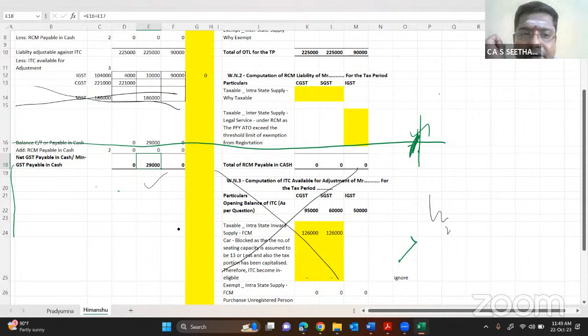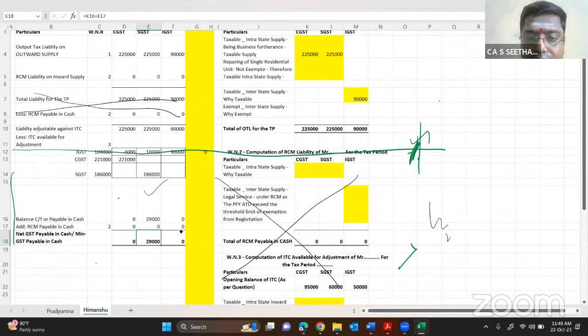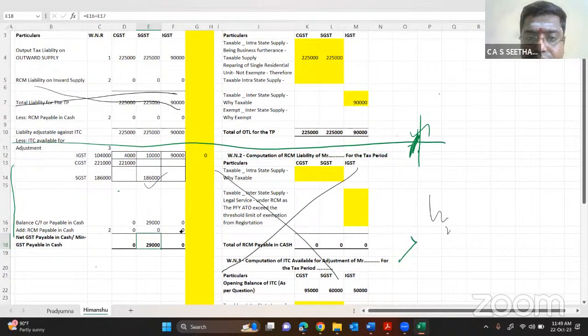See, I made a mistake by not including the opening balance, and then I have corrected it. I just want a response from someone of you. Have you got the answer right? It's 29,000 net payable in cash. It is not 63, 63, 90, my dear.